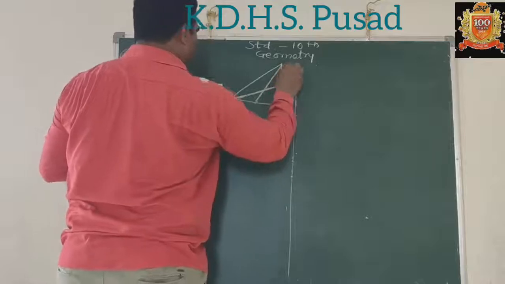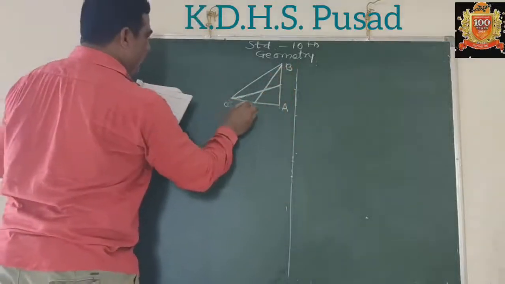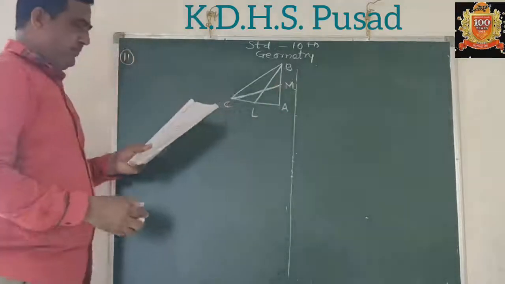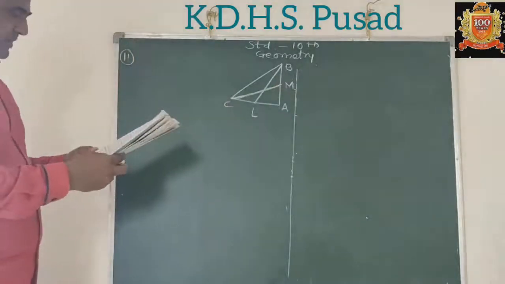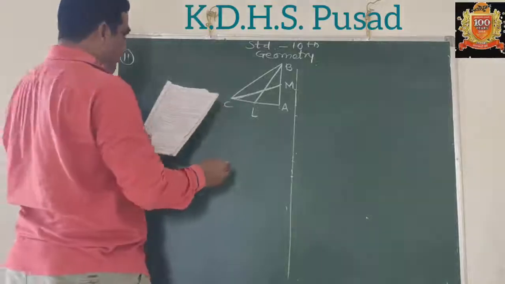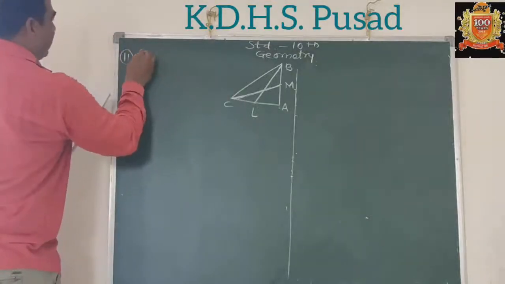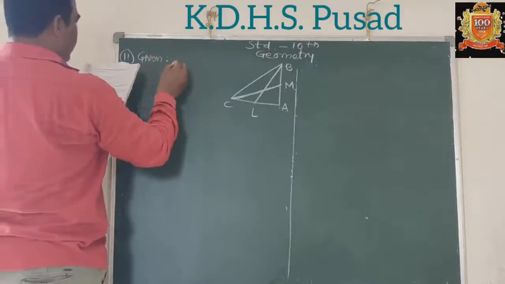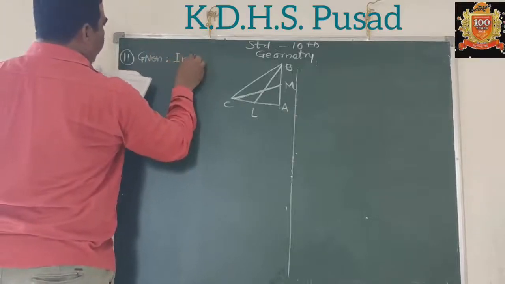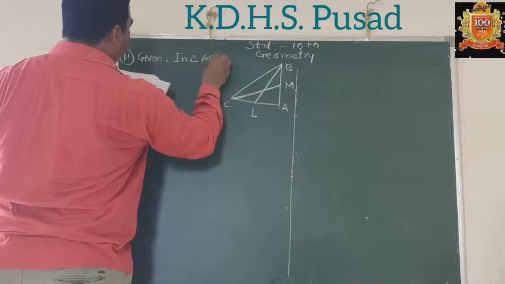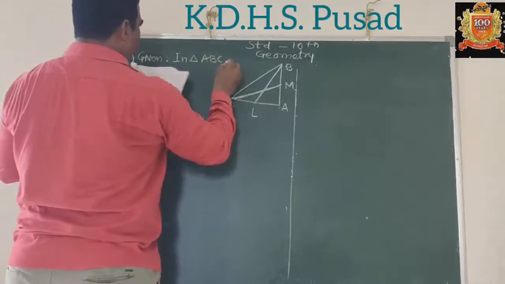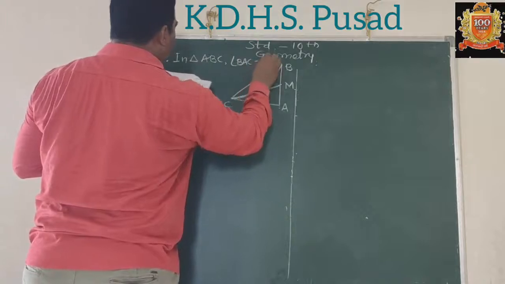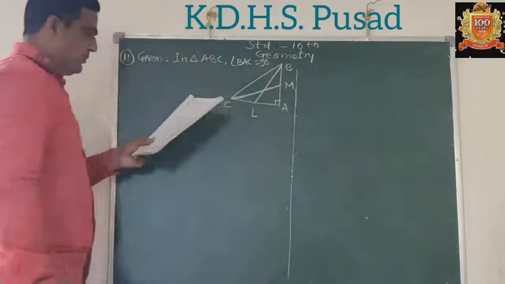A, B, C, L, M. And what is the information given to you? First of all, I mention the given. In triangle ABC, angle BAC is equal to 90 degrees.